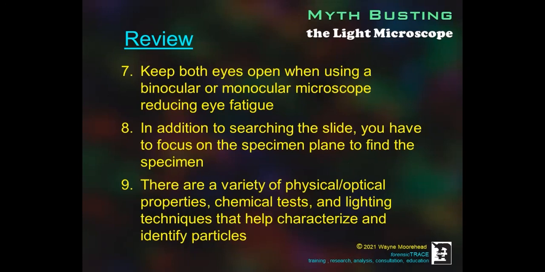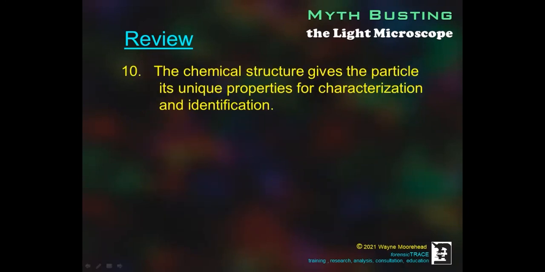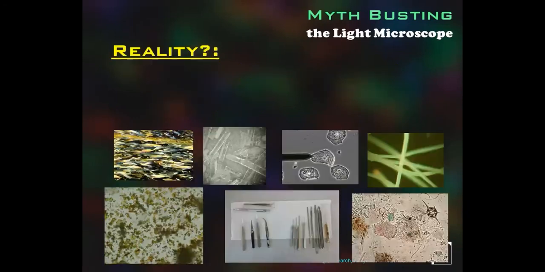For myth number 9, the reality is that there are a variety of physical, optical, and chemical tests and lighting techniques that will help you to characterize and identify the particles. For myth number 10, the reality is the chemical structure within the crystal or particle gives the particle its unique properties for characterization and identification.